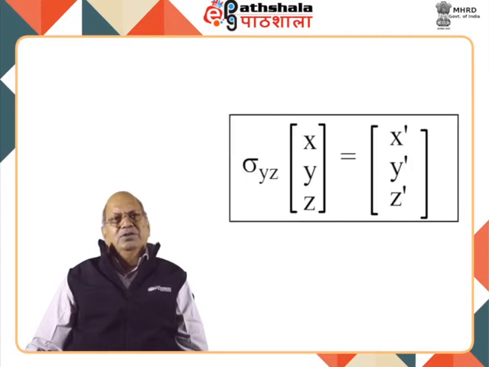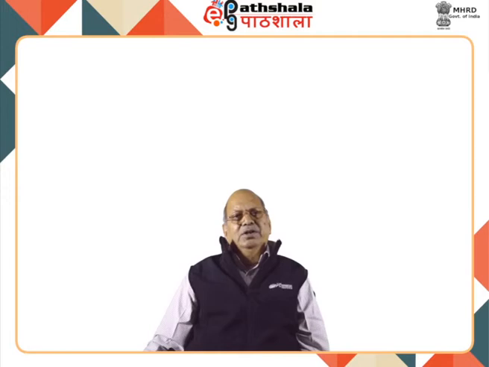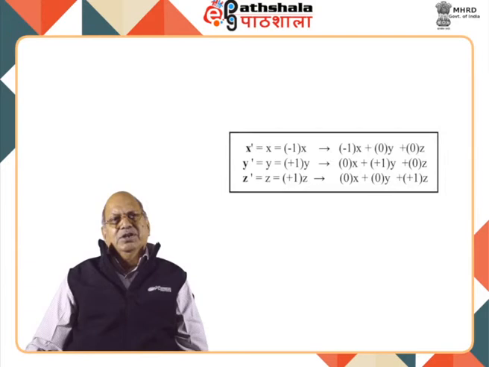Effect of sigma yz operation on x, y, z unit vectors. It can be written as sigma yz operated on x, y, z gives me x dash, y dash and z dash, and in the diagram these effects are shown. The three equations are x dash is equal to minus x, 0y plus 0z, y dash is equal to 0x plus 1y plus 0z, z dash is equal to 0x plus 0y plus 1z.